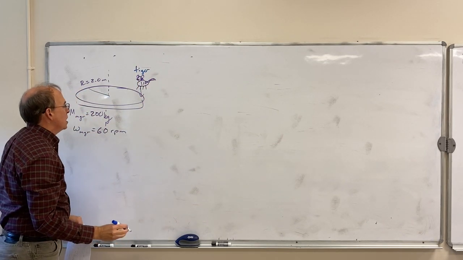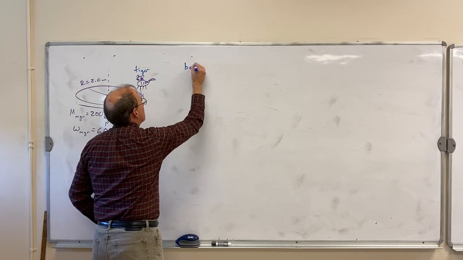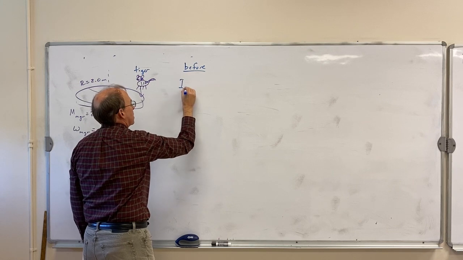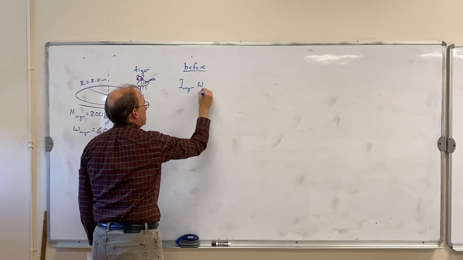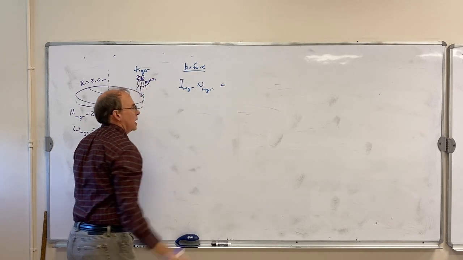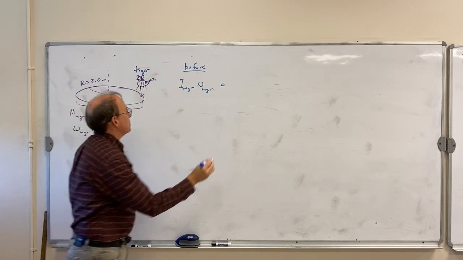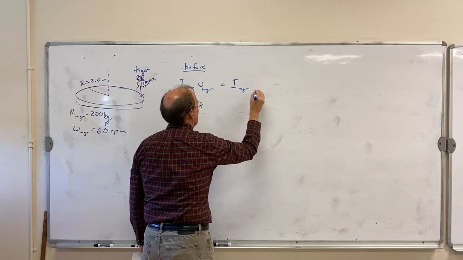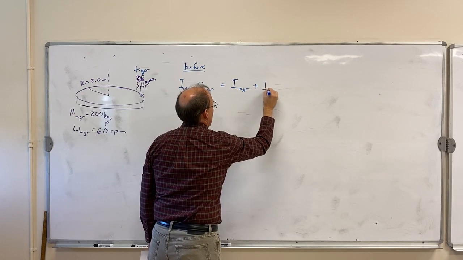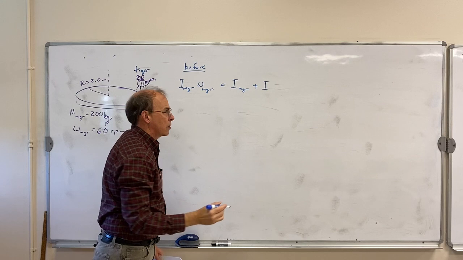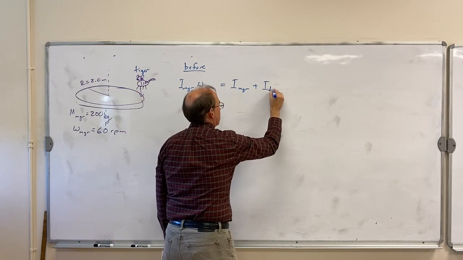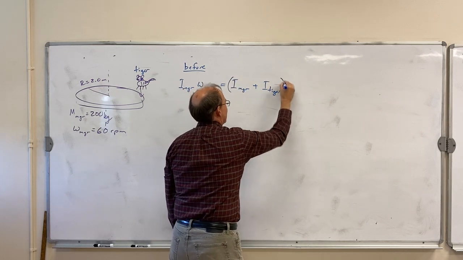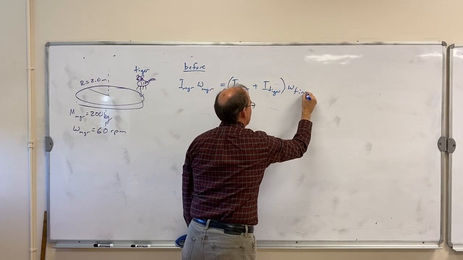Okay. So before the tiger hits the merry-go-round, we've got I of the merry-go-round, omega of the merry-go-round. Afterwards, we've got I of the merry-go-round plus, we've now dropped the tiger on it, I of the tiger, times omega final.